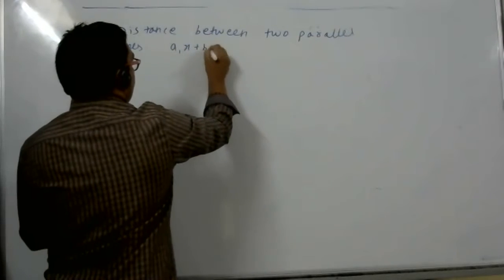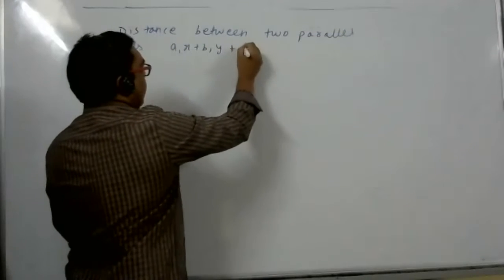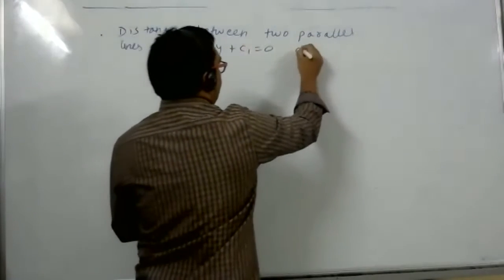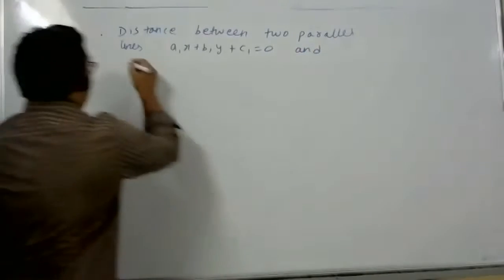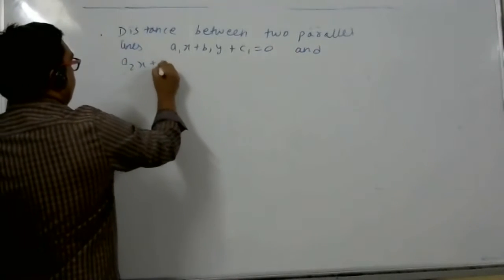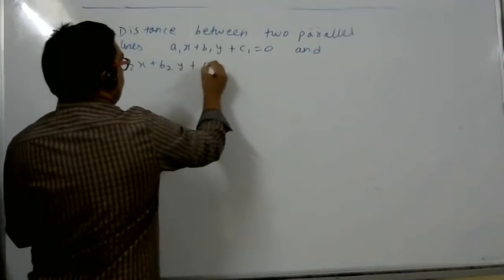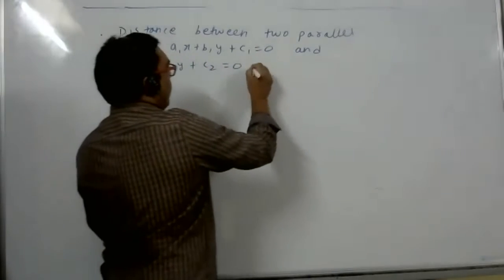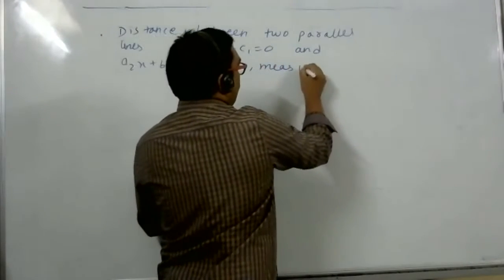a1x plus b1y plus c1 is equal to 0 and a2x plus b2y plus c2 is equal to 0, measured along a line having inclination theta.